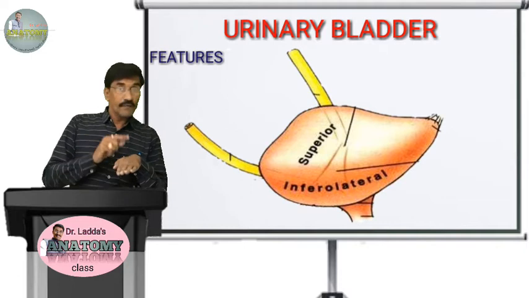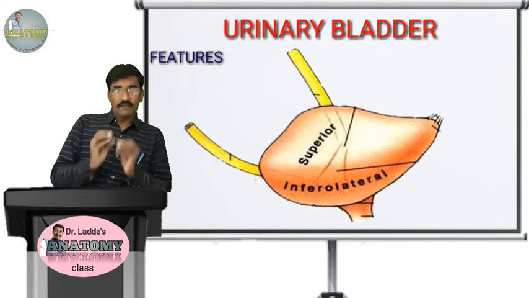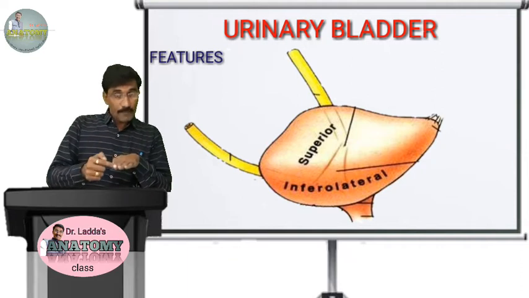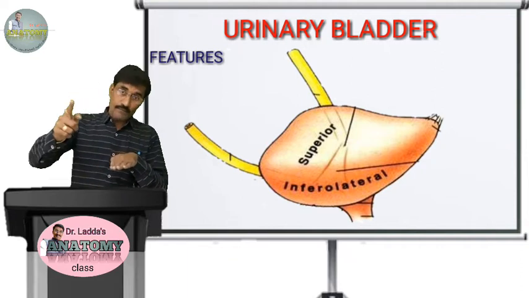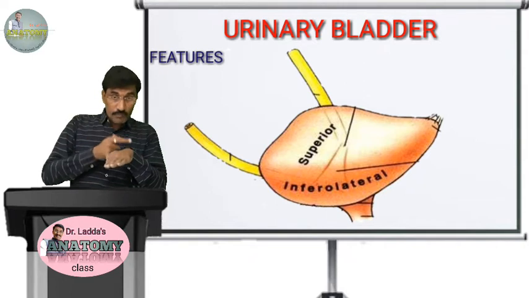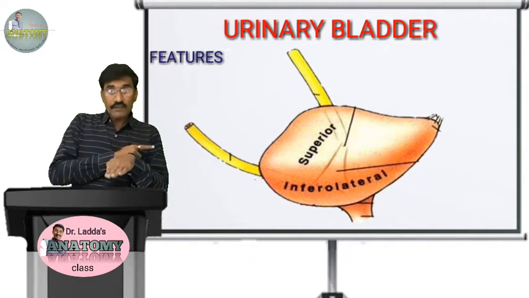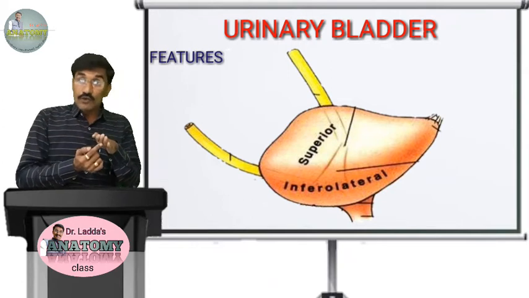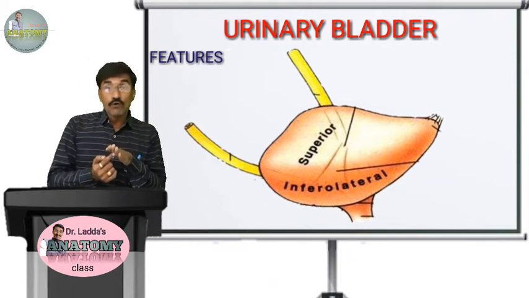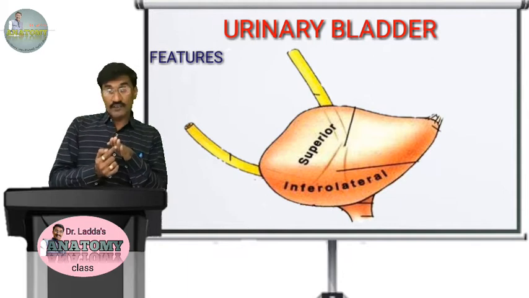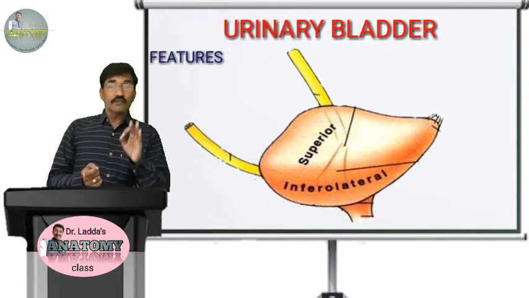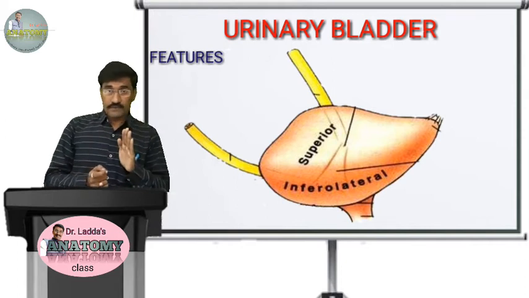Let's rewind a little bit. The empty urinary bladder shows an apex, which is directed forward, and a base, which is directed backward. It shows a neck, which is the lower and most fixed part of the bladder, and this neck is pierced by the internal urethral orifice.